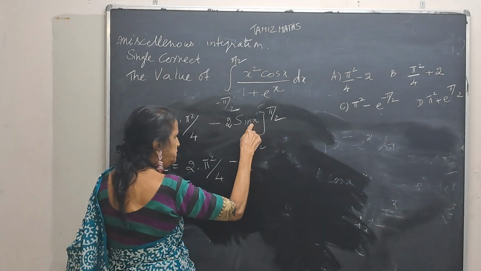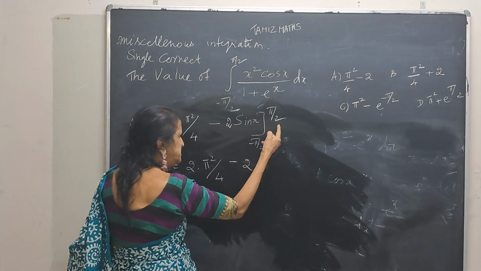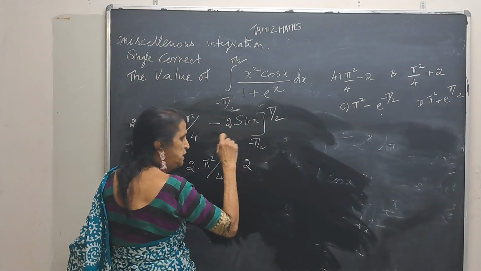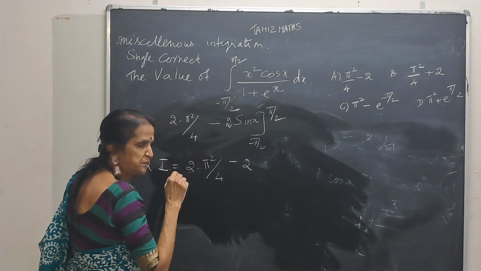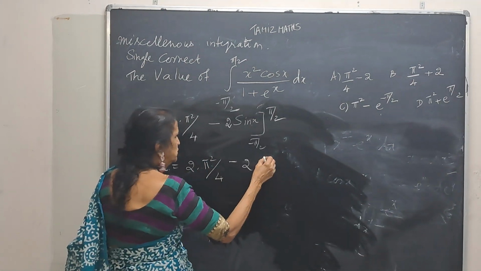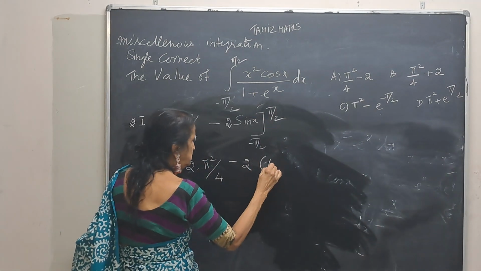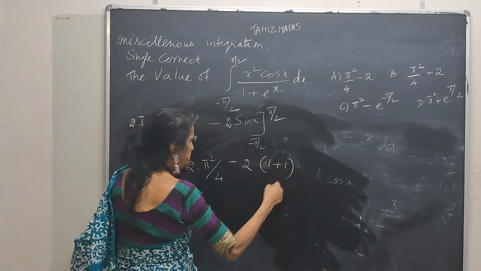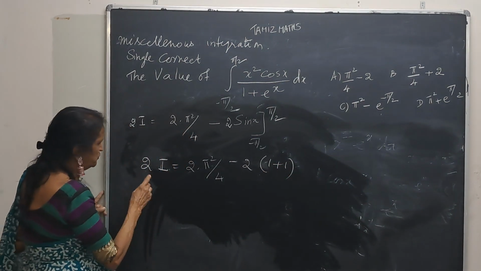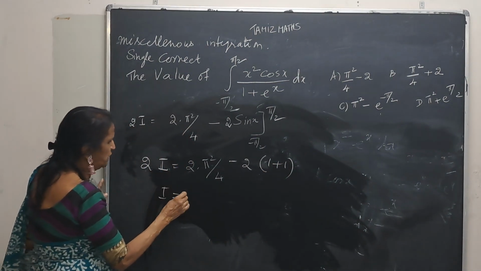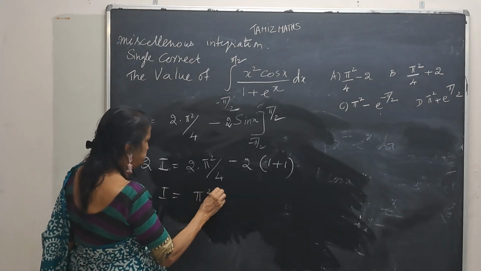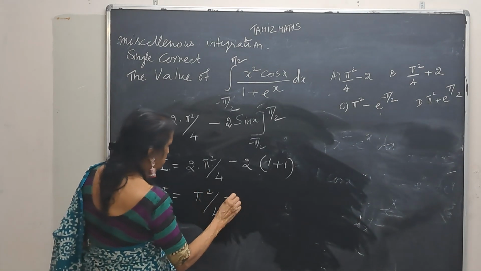Substitute the upper limit 1 minus the lower limit. Sine of minus pi by 2 is minus 1. So this will become 1 plus 1. Divide by 2 now. So I is equal to pi square by 4 minus 2.